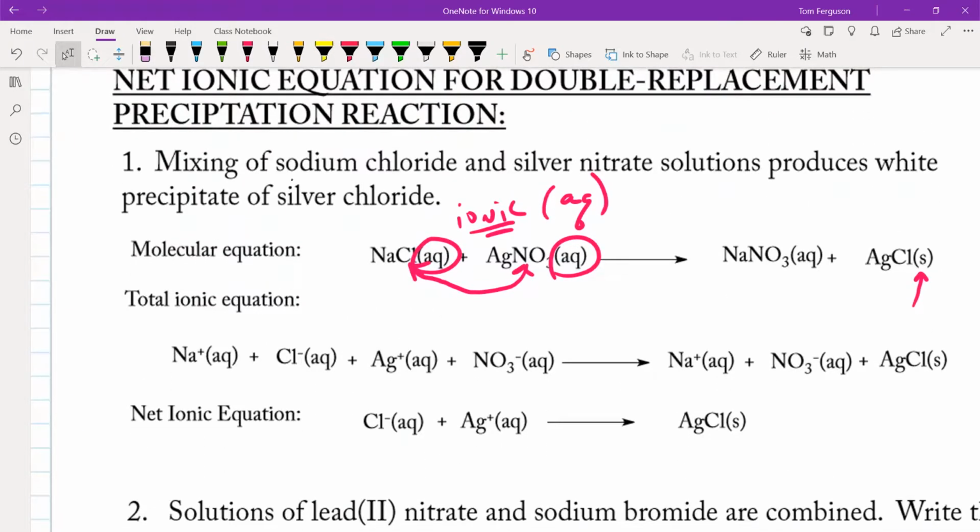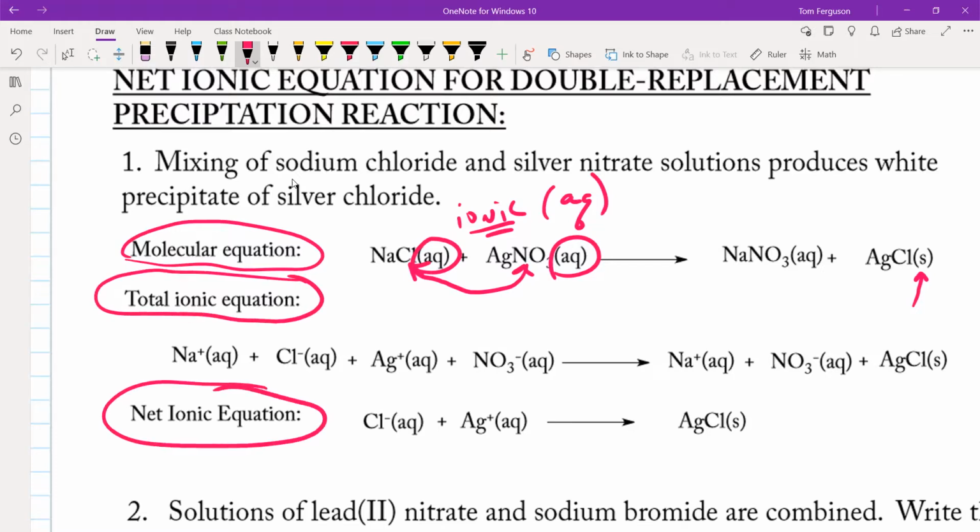There are three kinds of equations when we write a double replacement reaction. There's the molecular equation, ionic equation, and the net ionic equation. TIE for total ionic equation. Net ionic equation, and then there's the molecular equation.